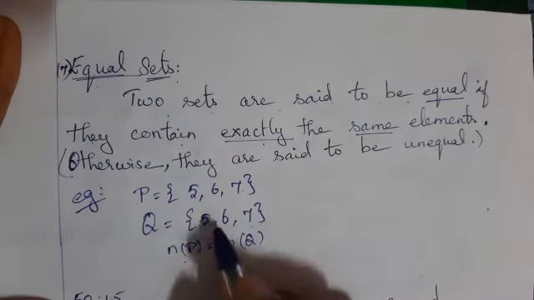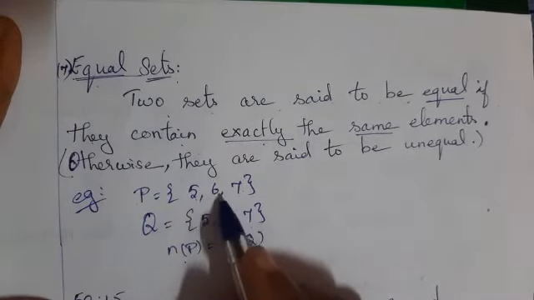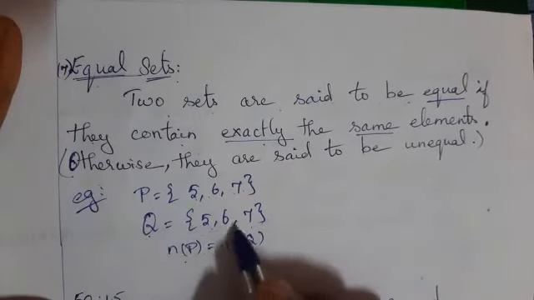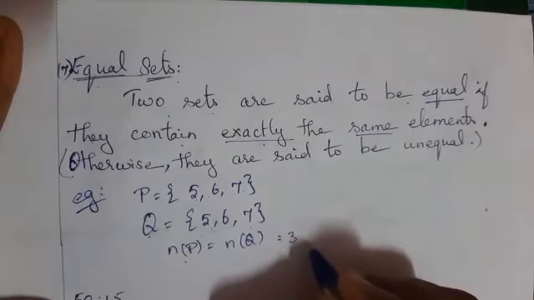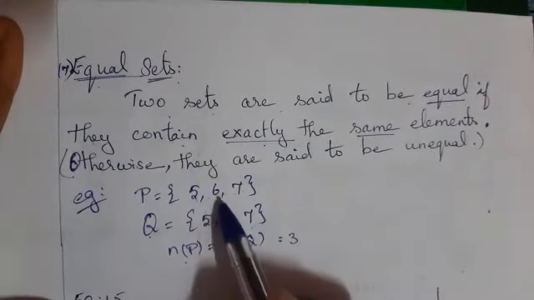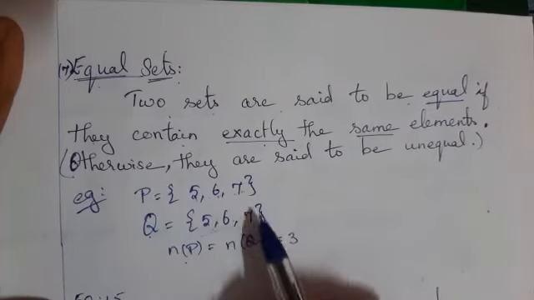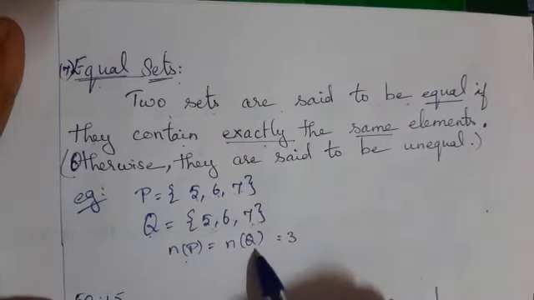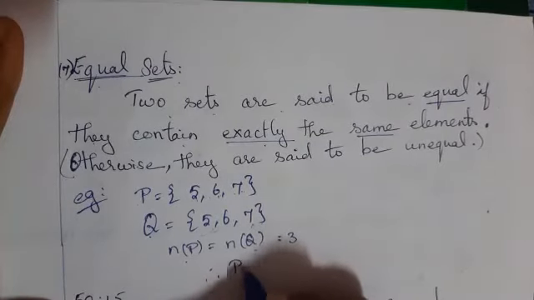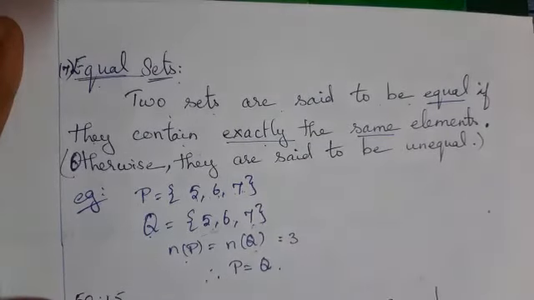The number of elements in P is equal to 3, and the number of elements in Q is also 3. Therefore, the number of elements is the same. The elements are also the same. Here also 5, here also 6, here also 7. Therefore, these two sets are equal. Capital P is equal to capital Q.